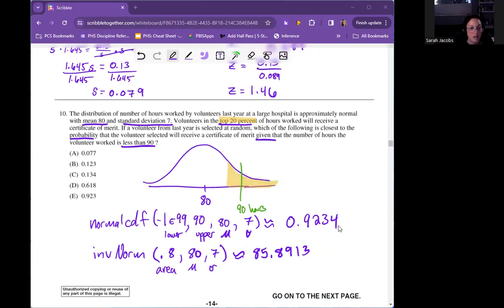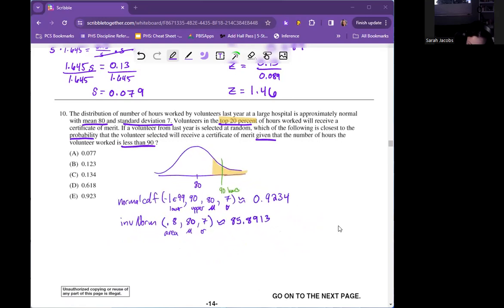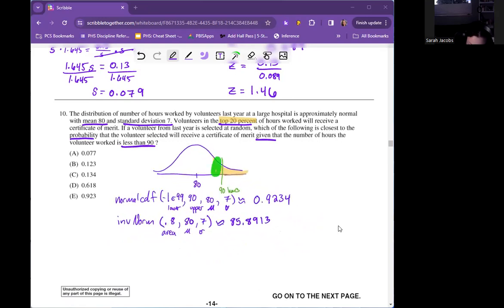Cool. Now, we have to find a probability of being in this area. So this spot starts at this 85.89. So we need to find the area between 85.89 and 90.